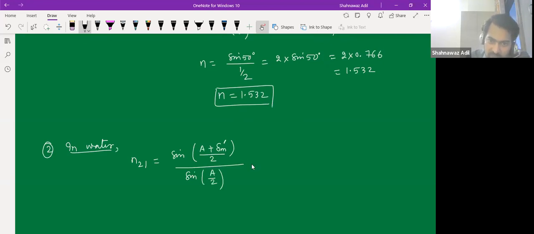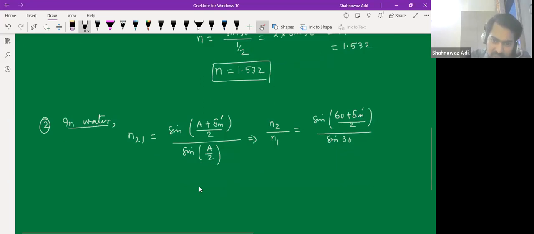N21 would be N2 divided by N1, and this is sine of (60 plus delta M prime) by 2 divided by sine of 30.